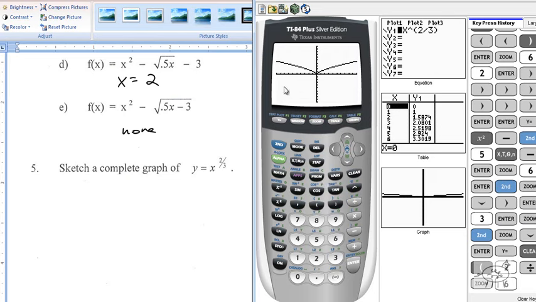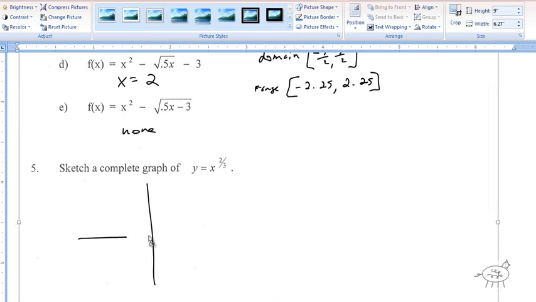Interesting. Okay, so that graph looks like this. Okay, it'll never go negative because you've got the squared part in there, but it actually doesn't grow very big at all because it's less than y equals x. It's to the 2/3 power.